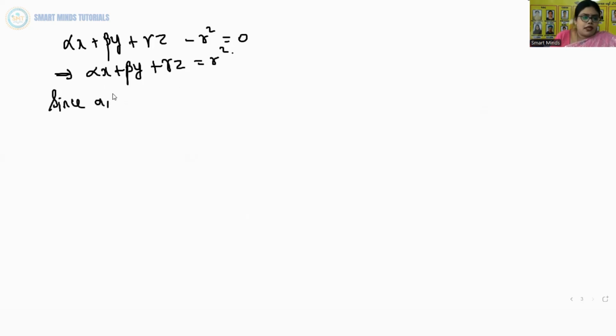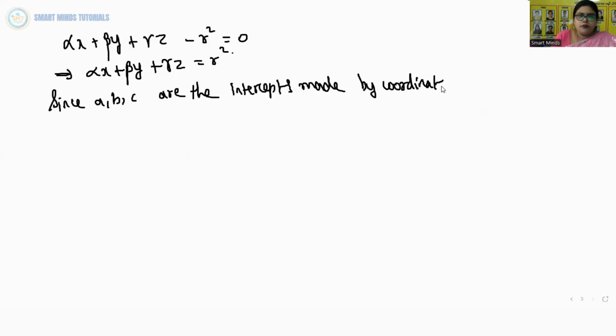Now since A, B, C are the intercepts made by coordinate axis respectively, let's say this is equation number 2.